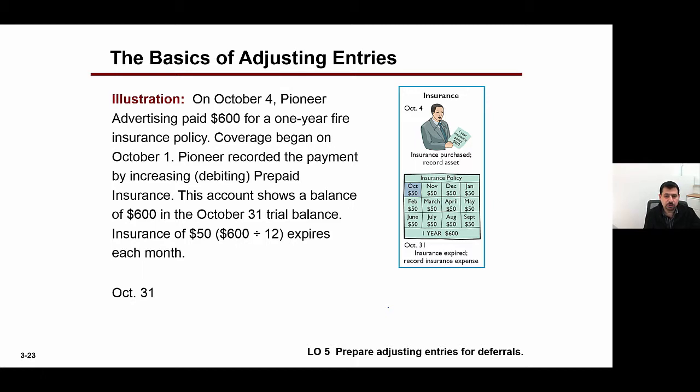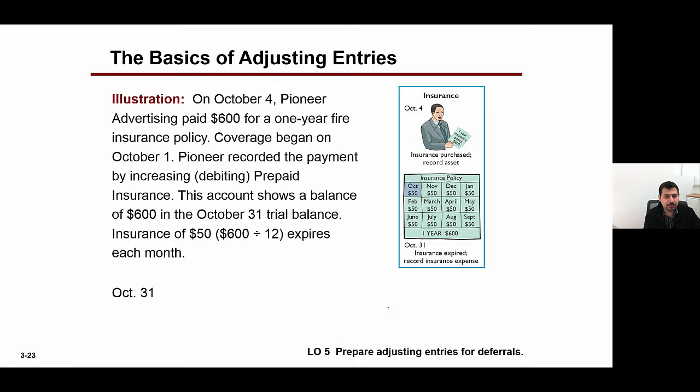Now, this insurance policy will have to be split over the useful life, or basically over the time that it will cover. So every month, $50 of insurance will have expired. Now, the unadjusted trial balance reflects the original value of prepaid insurance. It will show it as $600.